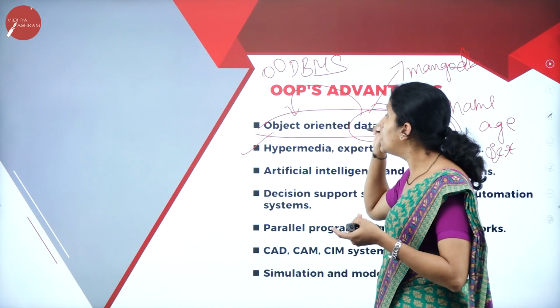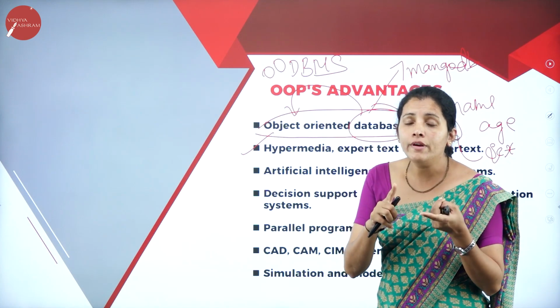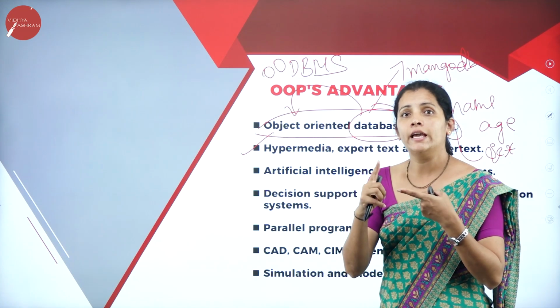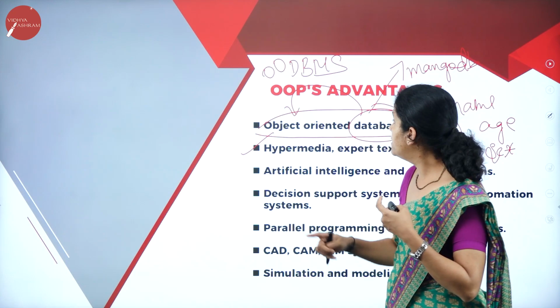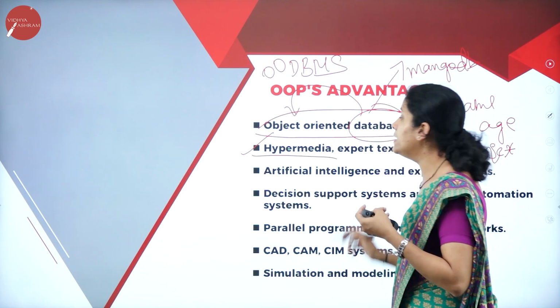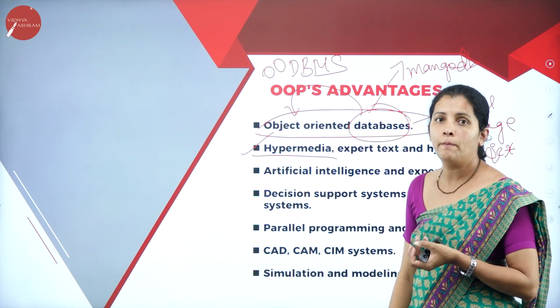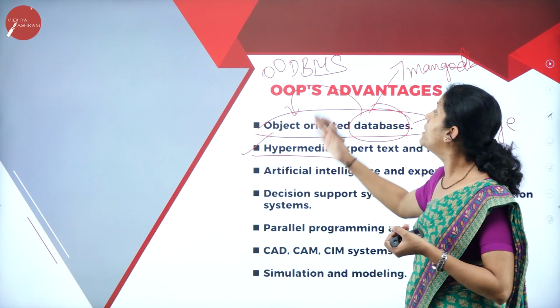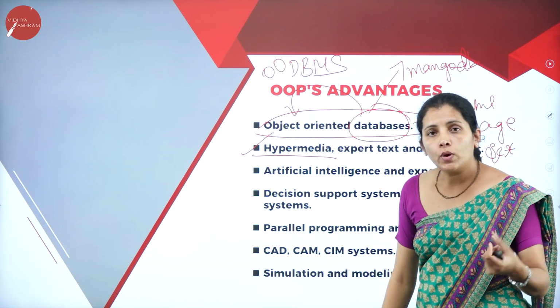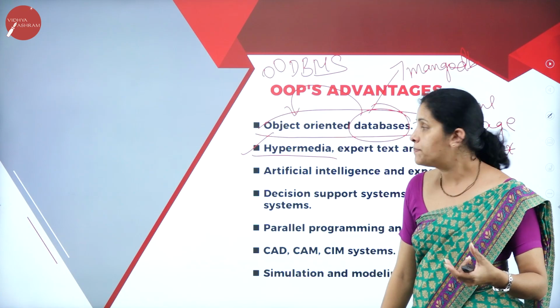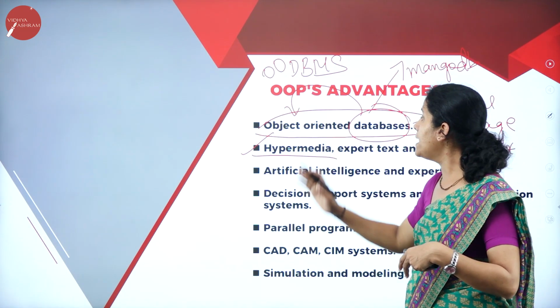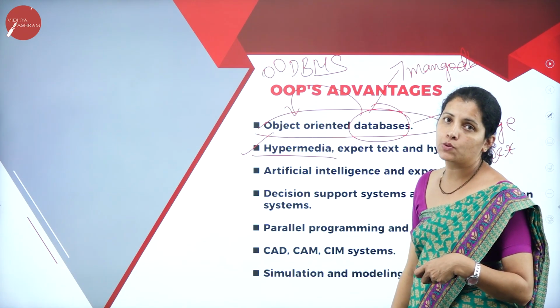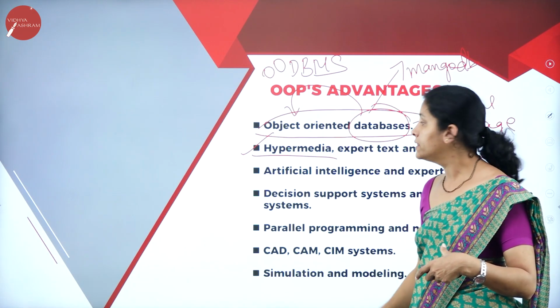So here the links are always embedded with the image. This kind of linking is called hypermedia. That means by using object-oriented programming concepts, we can add hypermedia as well as hypertext.